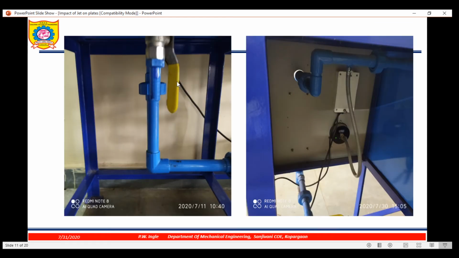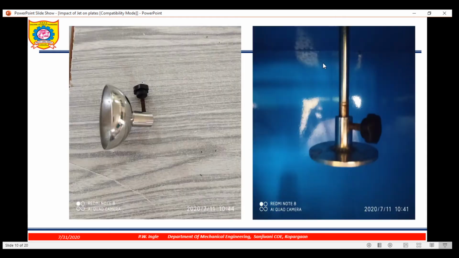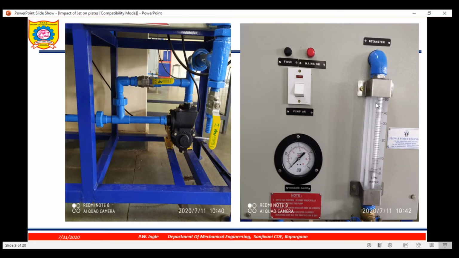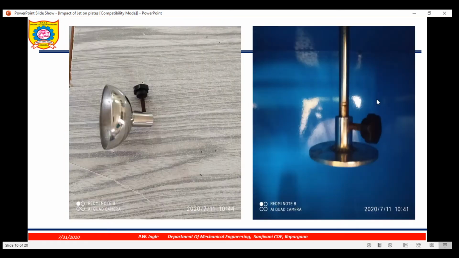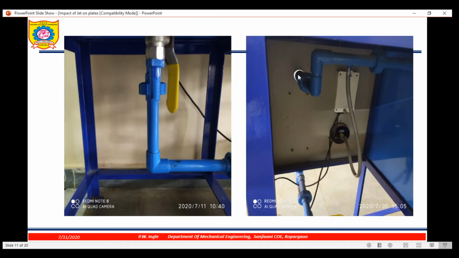This is the bypass valve. And you see here, this is the pipe coming from the rotameter. Where is the rotameter? This is the rotameter, and the pipe comes from the outlet of the rotameter. Where is it going? To the nozzle directly. And then water will fall in the tank.